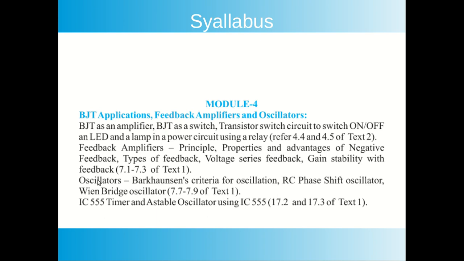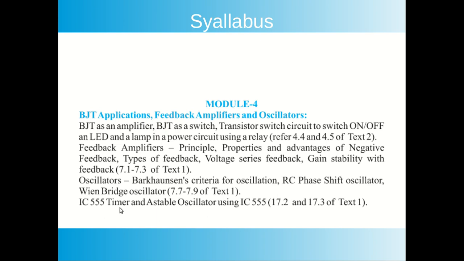Then we have to study the oscillators. As we have discussed, positive feedback leads to oscillations. There we have to study the Barkhausen criterion for oscillation, and then 2 types of oscillators: RC phase shift oscillators and Wien bridge oscillators. At the end of the module, we have to study one important IC, that is the IC 555 timer.